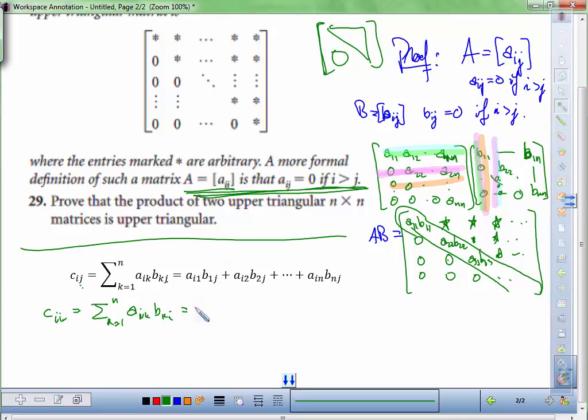And so this is going to be a_i1 b_1i plus a_i2 b_2i. Because I changed my i into a j, I'm going to take a look at all my j's and change them to i's. Plus dot dot dot plus a_in b_ni.